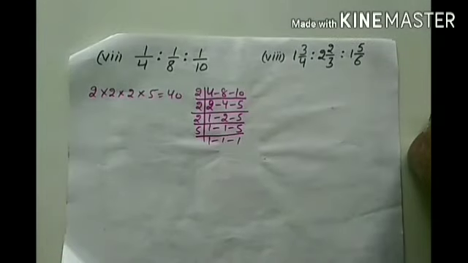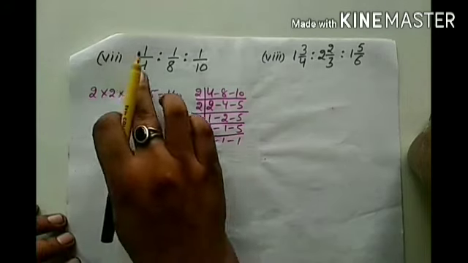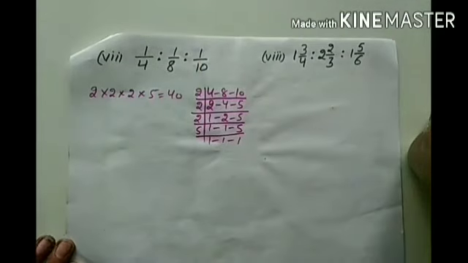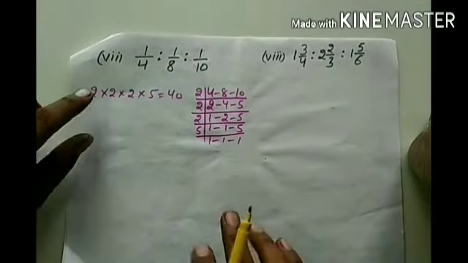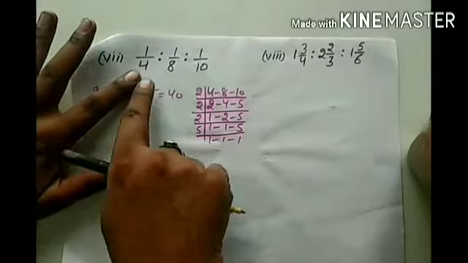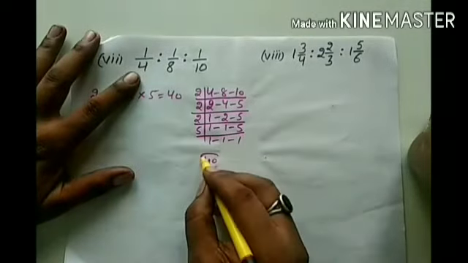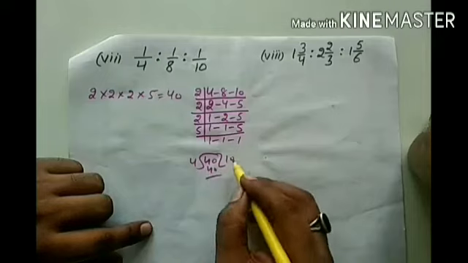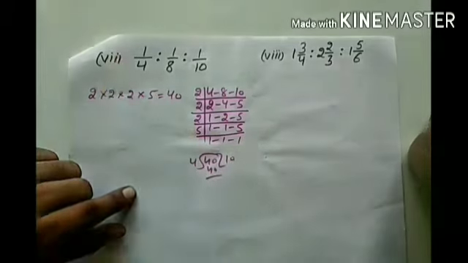Firstly, we have to find the LCM of all the denominators. Now we will divide each denominator into this LCM. Now if 40 is divided by 4, then what is the answer? 10. Now I will multiply this 10 with this one.